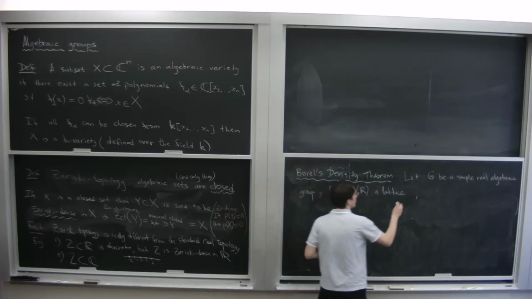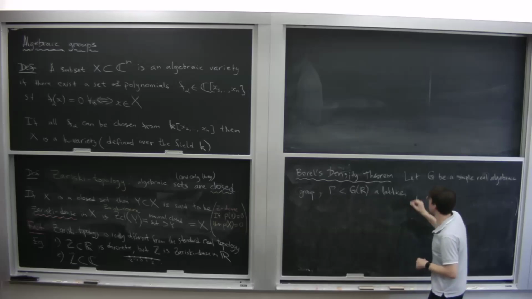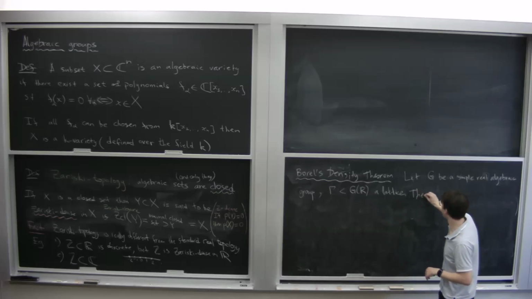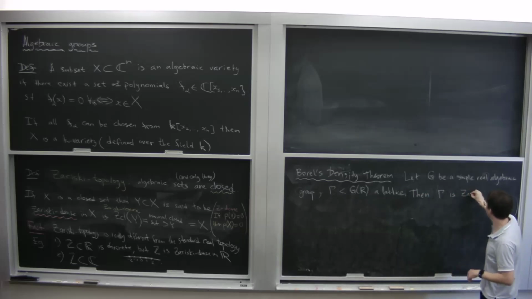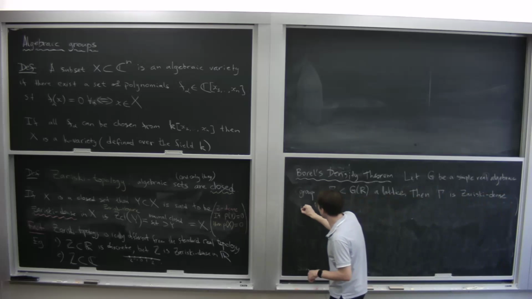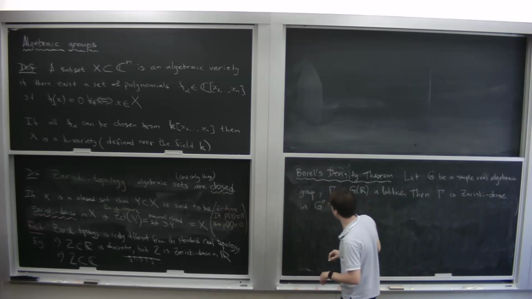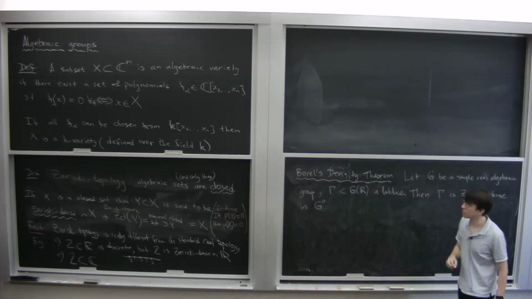Then Borel's density theorem implies that gamma is Zariski dense in the connected component of G. This is a very nice fact.